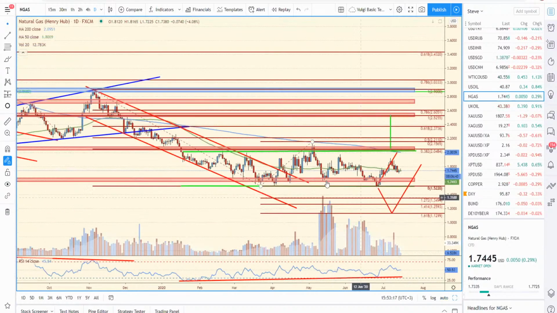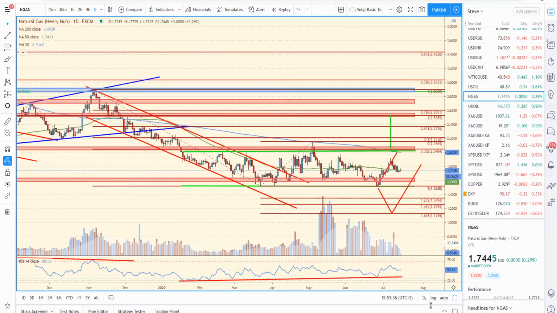A question about natural gas, nothing to do here. Natural gas is exactly in the middle again of this range. This range dates back to the beginning of the year, $1.50 to $2 roughly. We're more or less in the middle of the range, so nothing to see here.